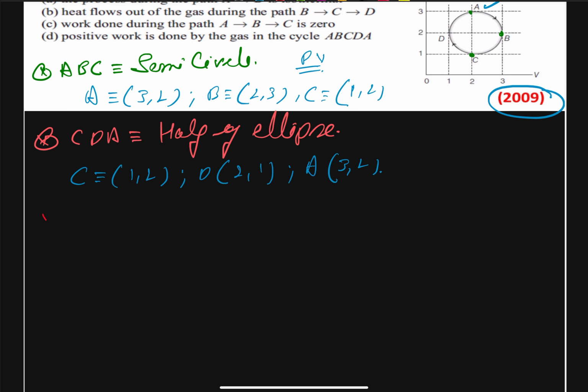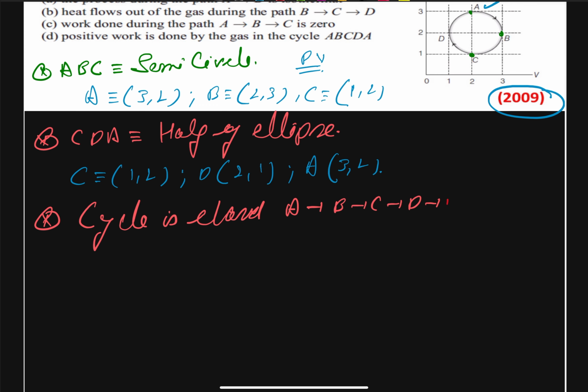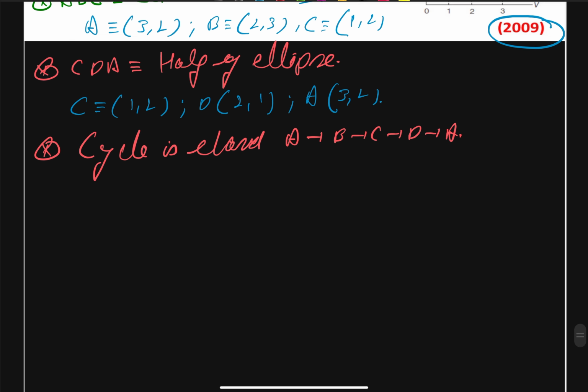So we can say that the cycle is closed because it starts from A, B, C, D and goes back to A. Therefore, the net change in internal energy delta U will be equal to 0.